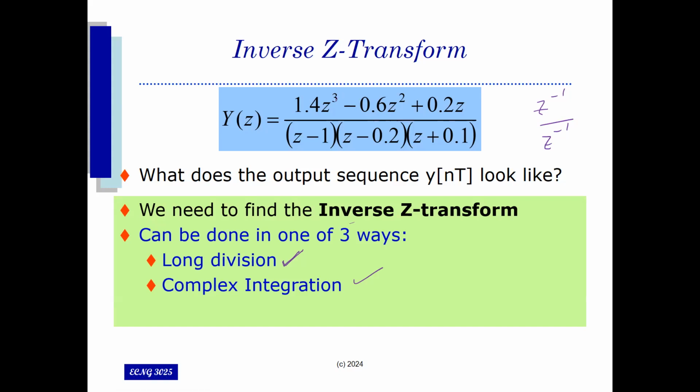This is Z cubed, so if I multiply this expression through by Z to the minus 3 over Z to the minus 3, which is 1, it will convert this from the positive index form to the negative index form. And you remember we did work like that already.